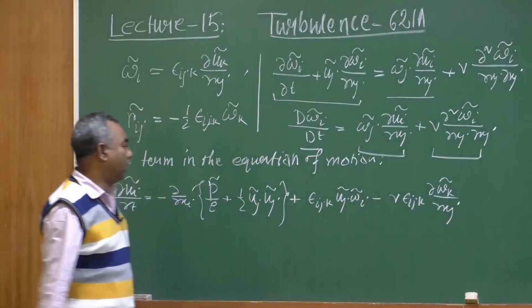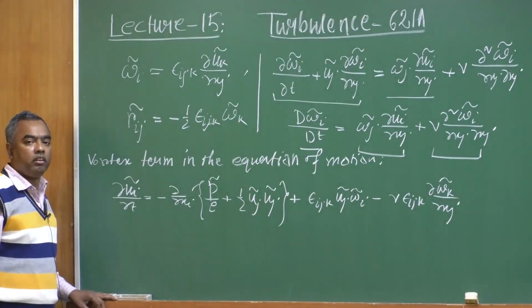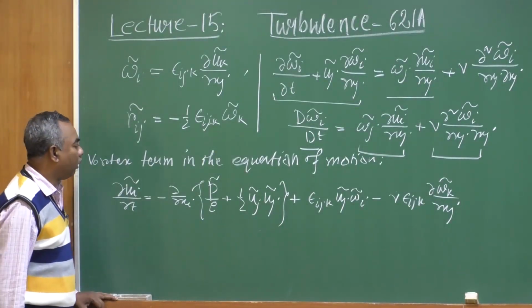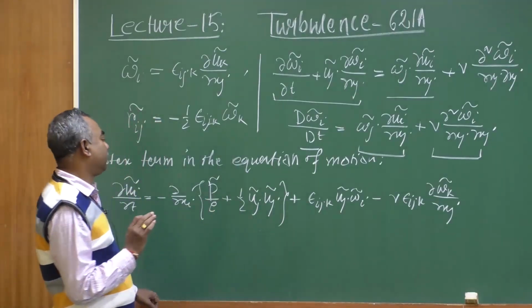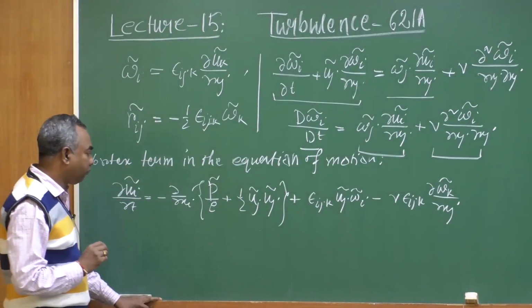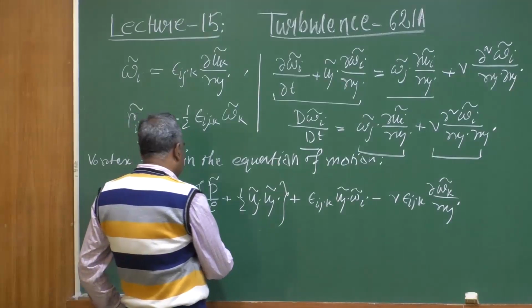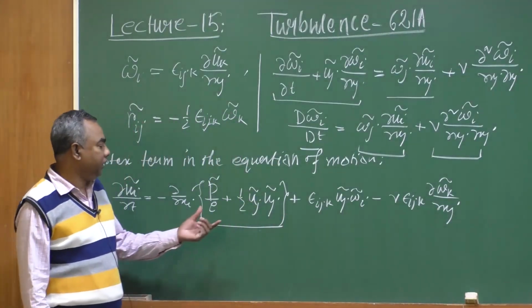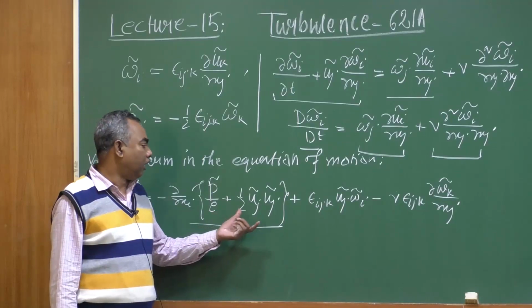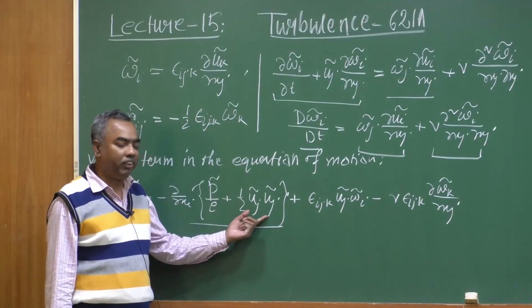So, our momentum equation, the Navier-Stokes equation, can also be written in this particular fashion. That is what we have discussed in the last class, and so this particular term, if you see, is the static plus dynamic pressure.